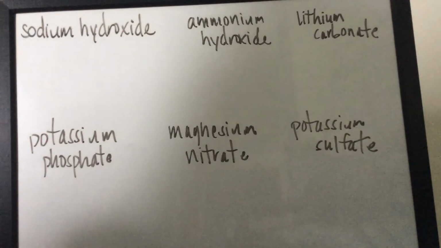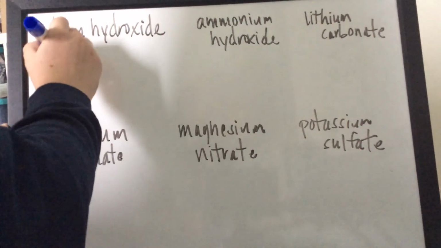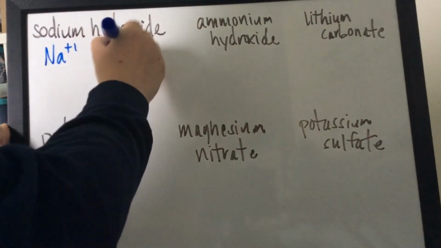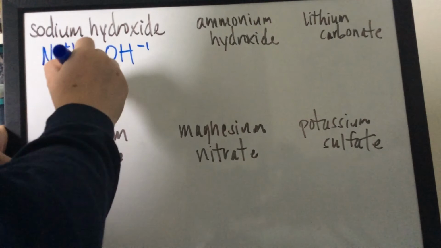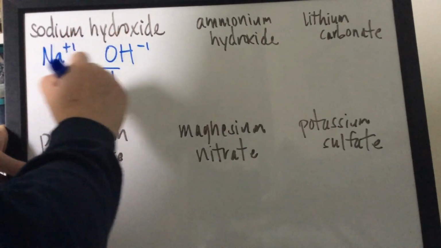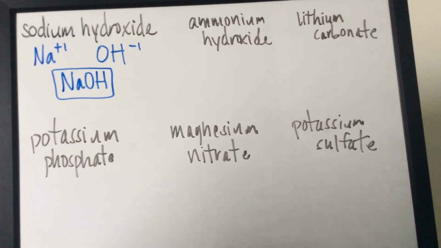Sodium hydroxide. Sodium's charge is +1. Hydroxide, we've seen several times today, is -1. +1, -1. Good to go. Squish them together. NaOH. Sodium hydroxide. Done. Second one, ammonium hydroxide. Ammonium sends students on quite the hunt, but here's a hint.